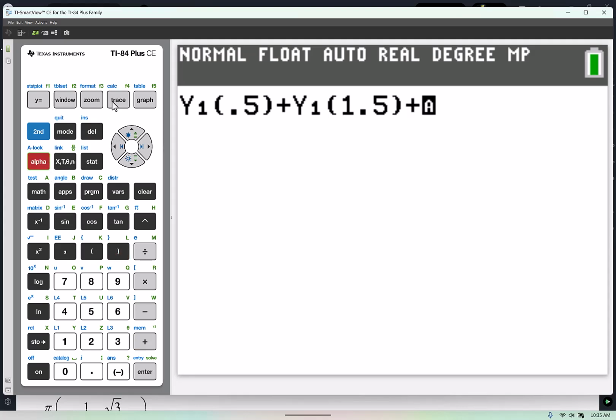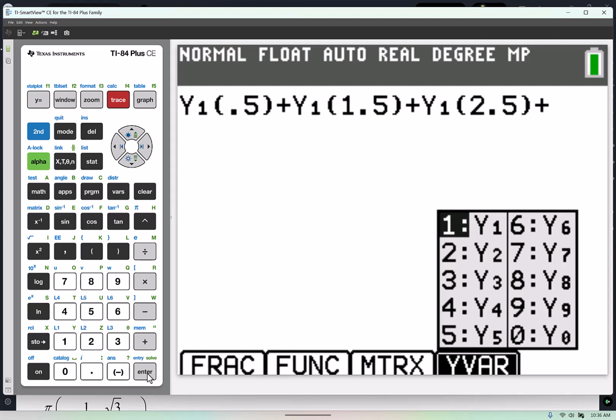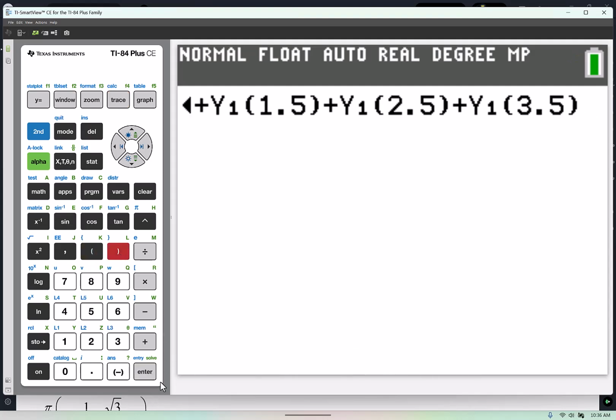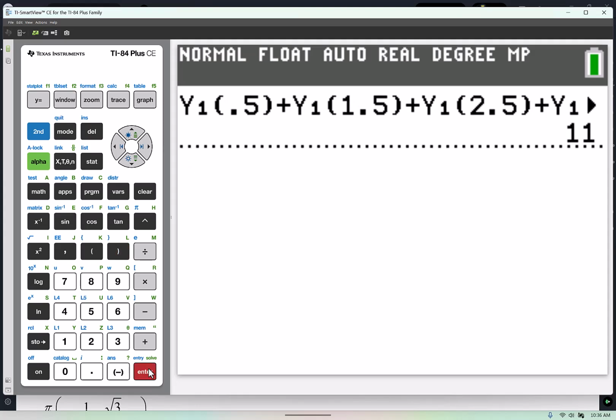Plus alpha trace y1, 2.5. And then the last one, plus alpha trace y1, 3.5. I push enter, and there it is. That is the area. Remember, y1 of 0.5 just gives you the y value. It just tells you how high it is. Does that make sense, guys?